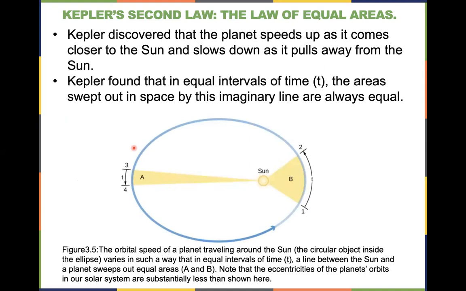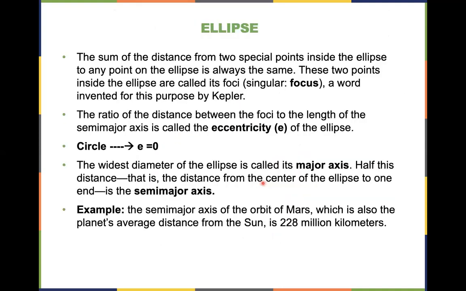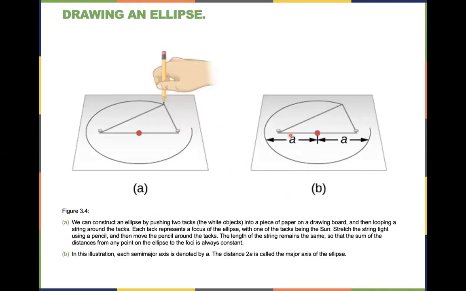And the second law is that he deduced, or discovered, that planets sweep out equal areas in equal times. Now, his first law stated that all the planets go around elliptical orbits like this, and all these ellipses actually have two foci.